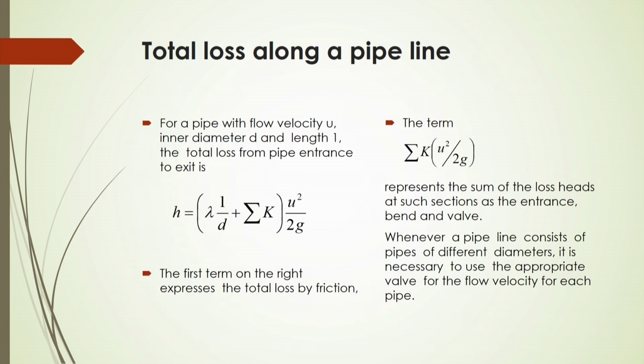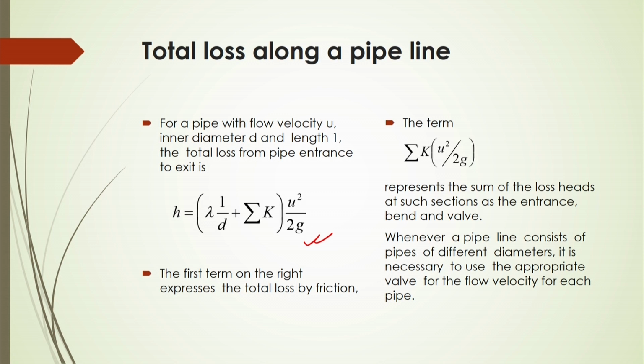Now, what should be the total loss along a pipeline? Consider flow through a pipe with velocity u, inner diameter d and length L. The total loss from pipe entrance to exit is calculated by this expression, considering both major loss and minor loss.